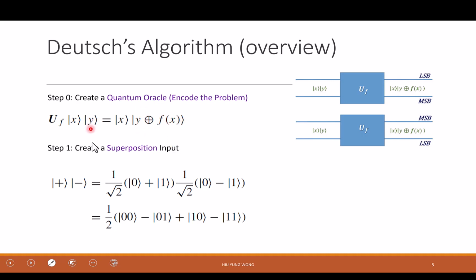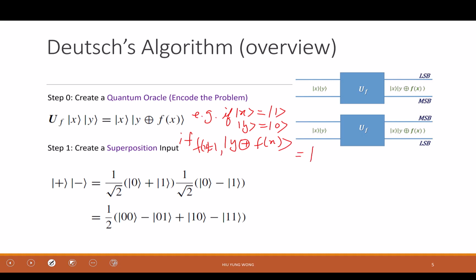It means, for example, if it turns out x equals 1, y equals 0, then what is y exclusive-or f of x? And if, let's say, f of x equals 1, what is y exclusive-or f of x?